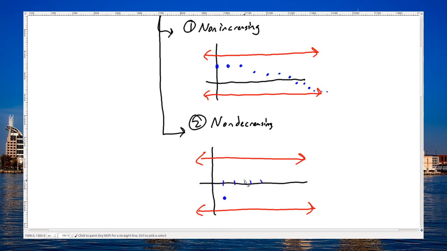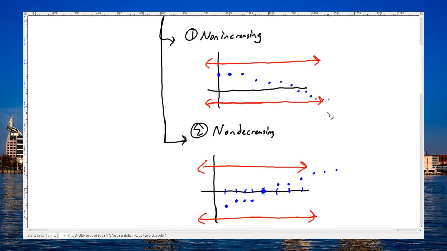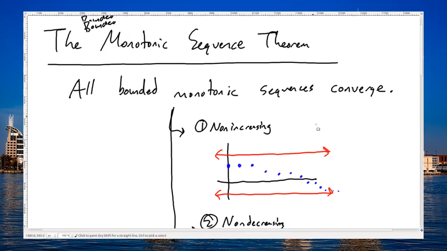But for each of these tick marks, we can stay the same or we have to increase. We just can never decrease, and you can kind of tell that because we can't wiggle around and we can't go up towards positive infinity, this is going to have to converge somewhere. And that's the idea behind the rigorous proof. It's just these pictures right here.